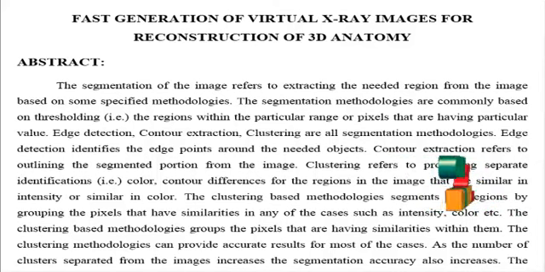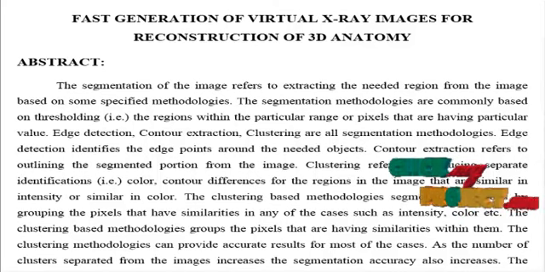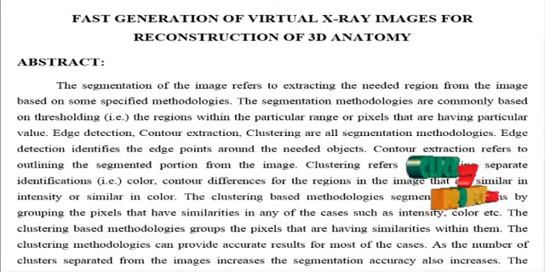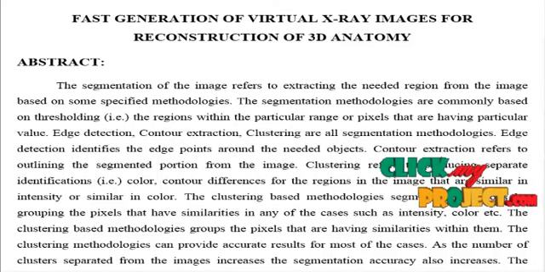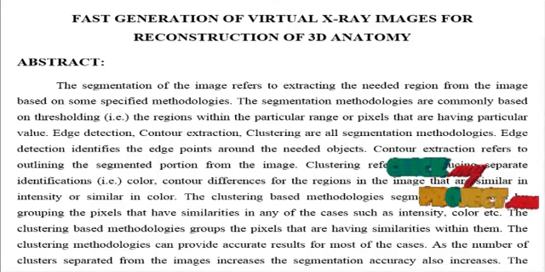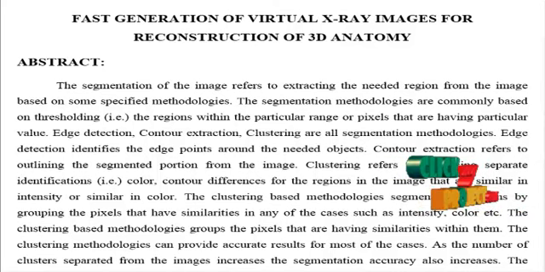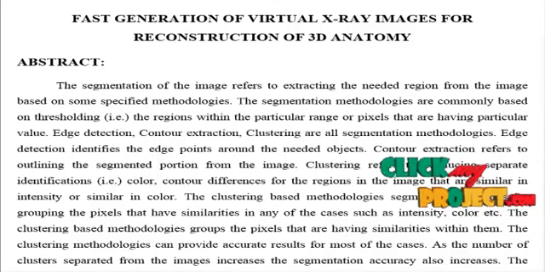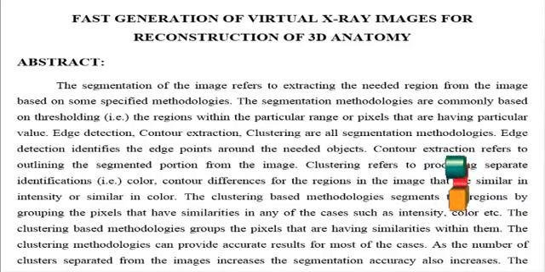The clustering based methodologies segment the regions by grouping the pixels that have similarities in any of the cases such as intensity, color, etc. The clustering methodologies can provide accurate results for most of the cases, as the number of clusters separated from the images increases the segmentation accuracy of the process.